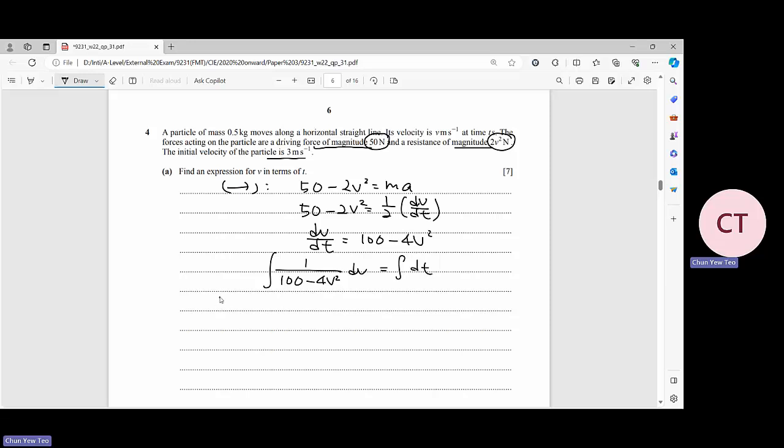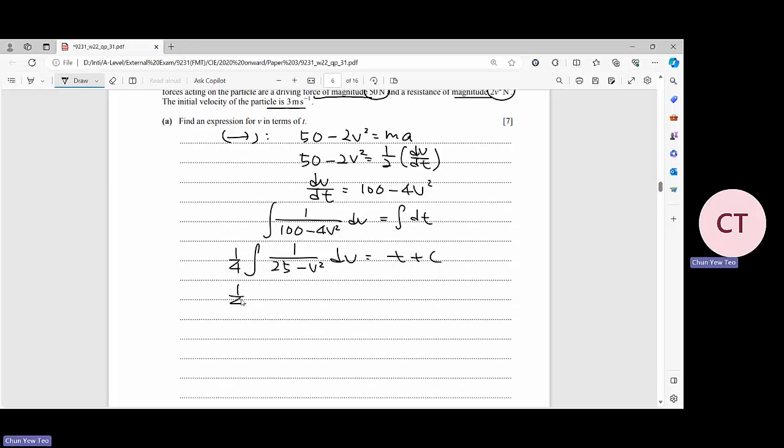So if I do the partial fractions, I take the 4 out first. I think you can see that the 100 and 4 have a common factor of 4. So I make it become 25 minus v squared. This one I directly integrate. Then I do the partial fractions.